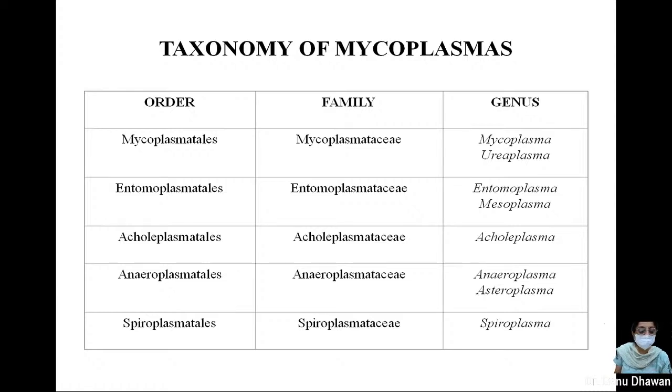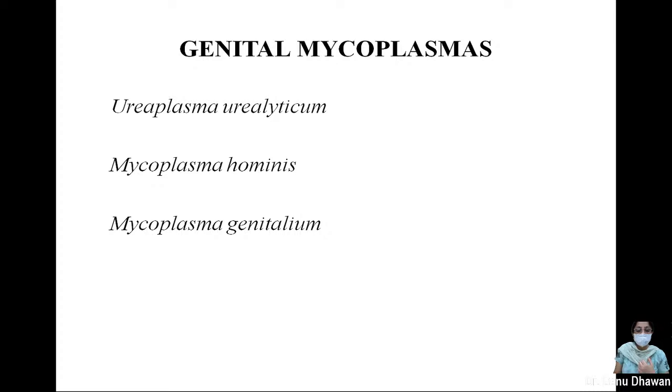The others, as you can see, Entomoplasmataceae, Anaeroplasmataceae, Spiroplasmataceae, are mainly found in animals and plants. Now, amongst the genital mycoplasmas, the ones which have a proven pathogenic role in man are Ureaplasma, Mycoplasma hominis, and Mycoplasma genitalium.